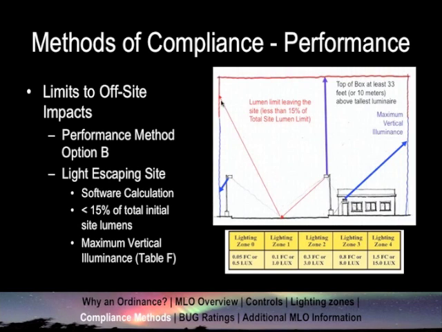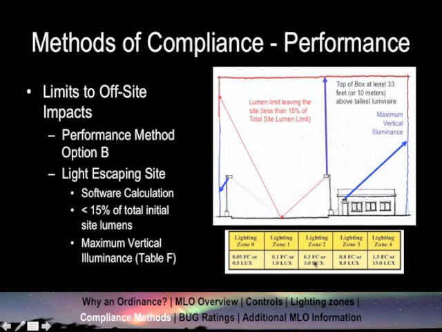We do have another thing that we've got in here because in the performance method, the bug ratings do not necessarily comply with it. And with that, then we're saying, okay, let's look at this box. We want to make sure that you don't have at any point in the box more than this type of foot candle levels.